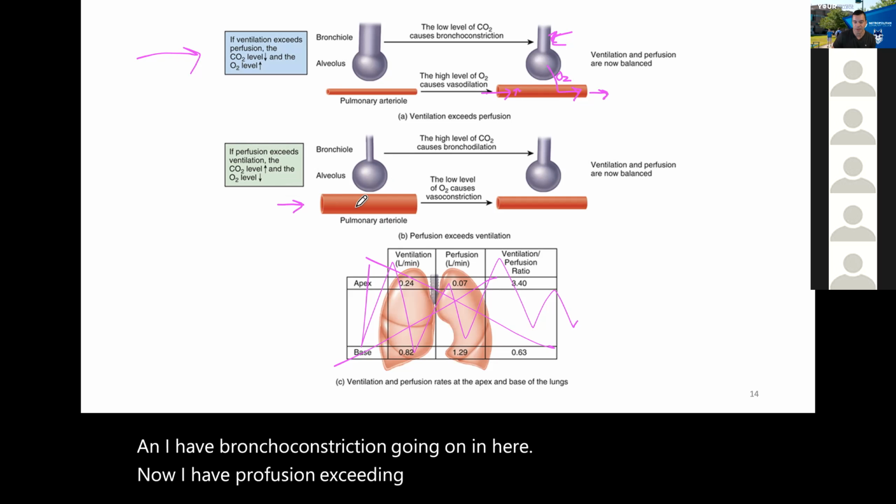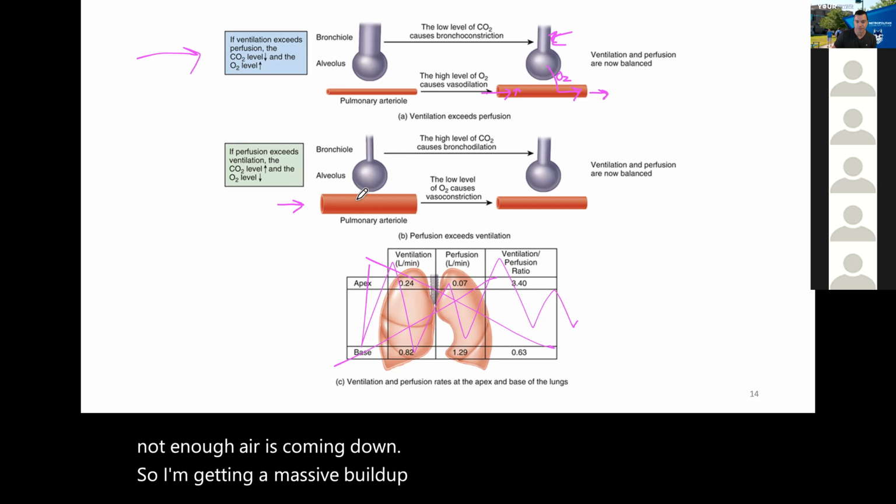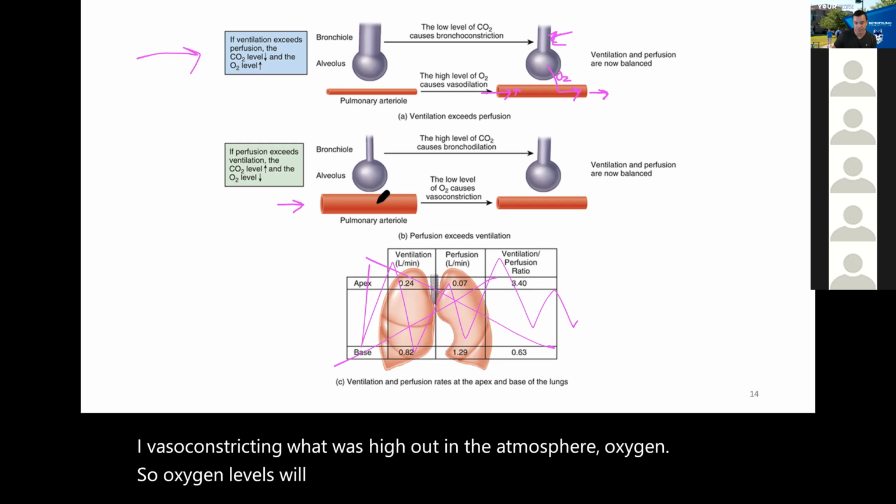Too much blood is coming in, not enough air is coming down. So I'm getting a massive buildup in CO2 here. I vasoconstricted what was high out in the atmosphere, oxygen. So oxygen levels will start to diminish.